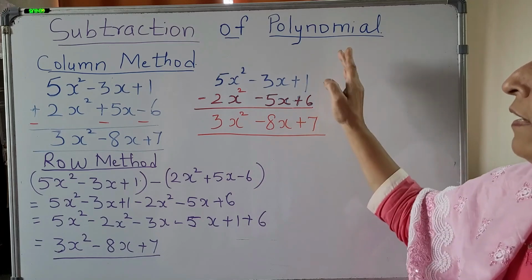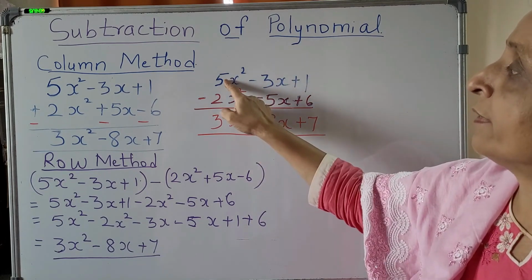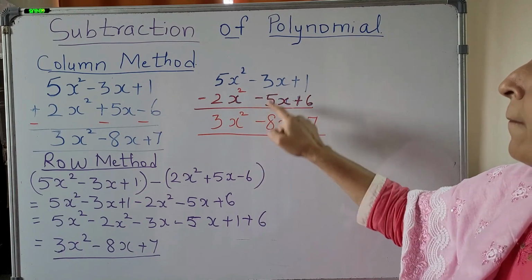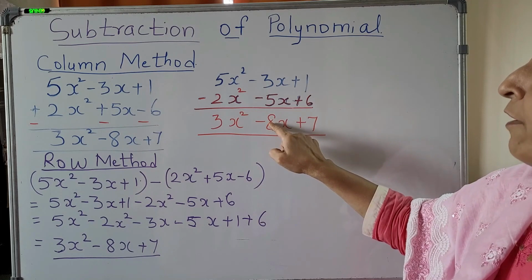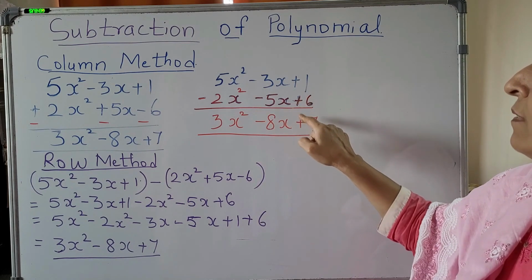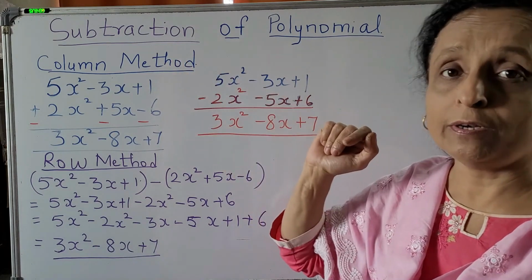Now you can add. After changing the sign, you add. 5 minus 2 is 3, minus minus is plus, so 3 plus 5 is 8 with the sign of the bigger one, and 1 plus 6 is 7. So this is how it has to be done by the column method.